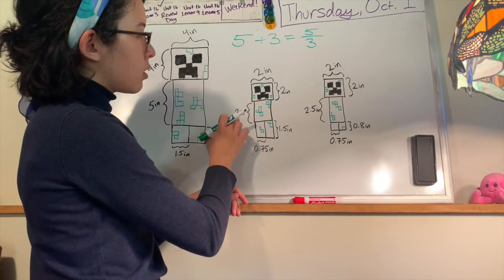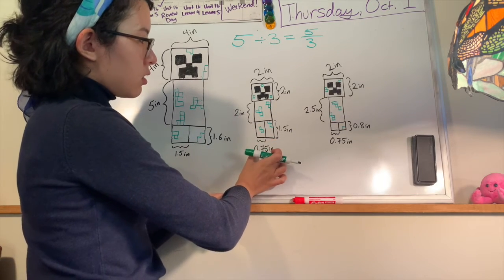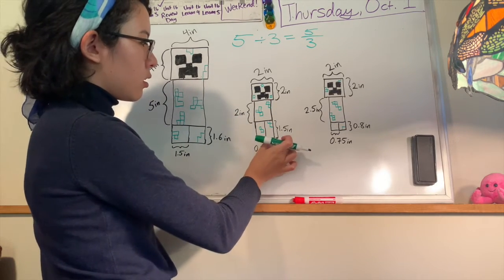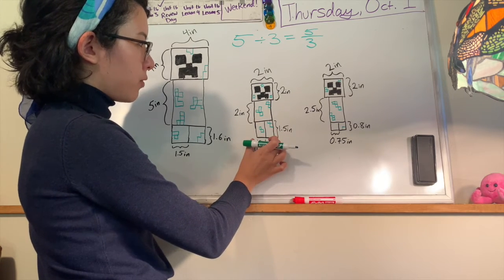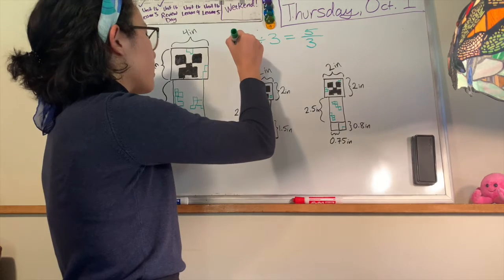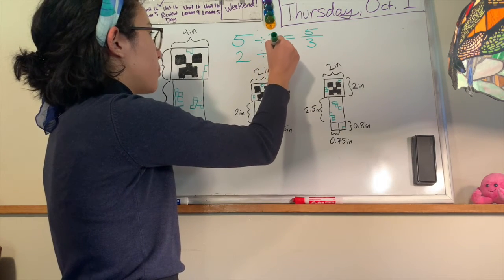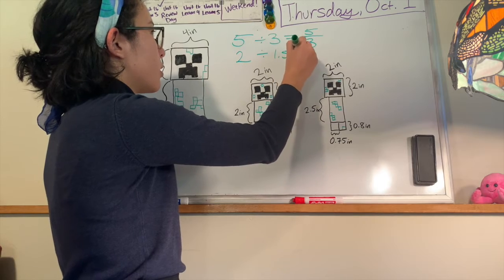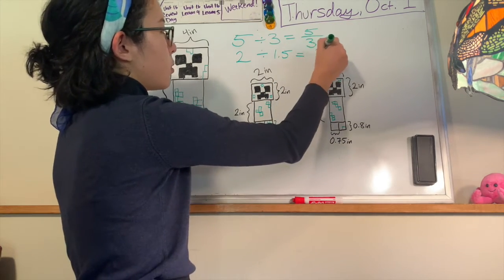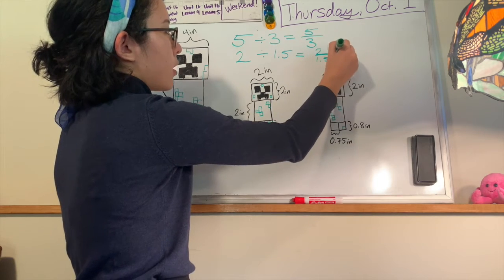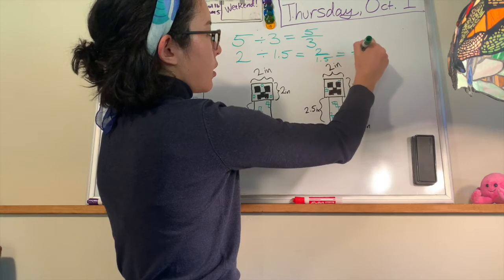For this one, 2 inches is the length of his torso, and his width is 0.75 plus 0.75, which is 1.5. So 2 inches divided by 1.5 gives us 2 over 1.5, which is also equal to 4 over 3.